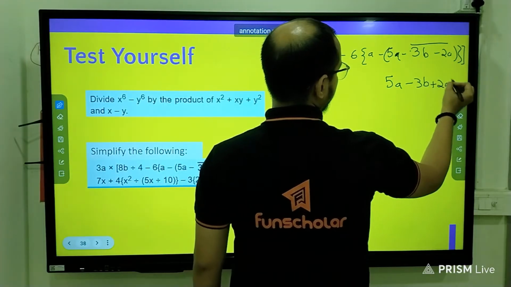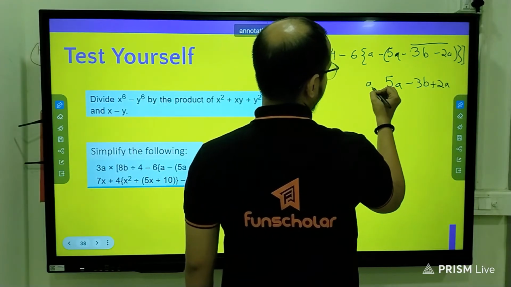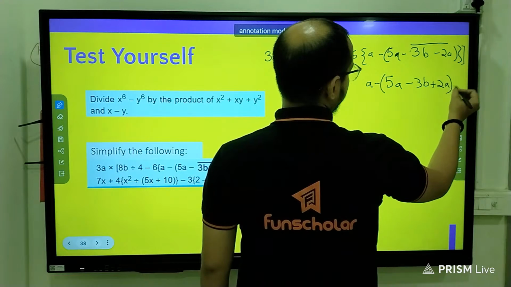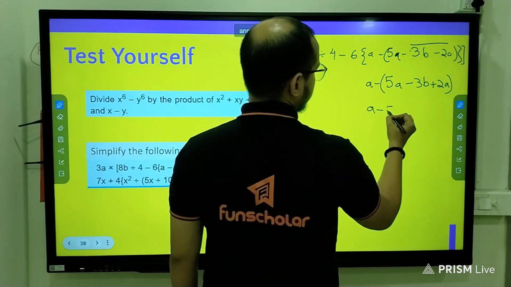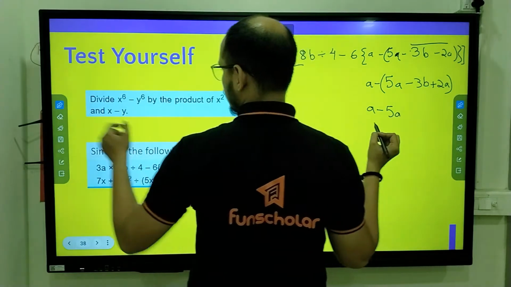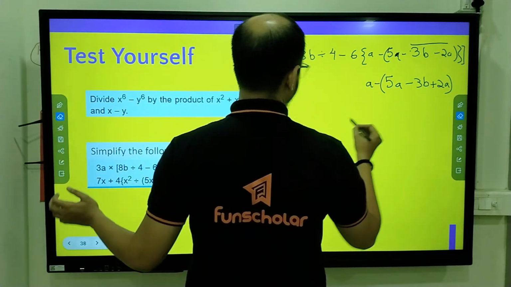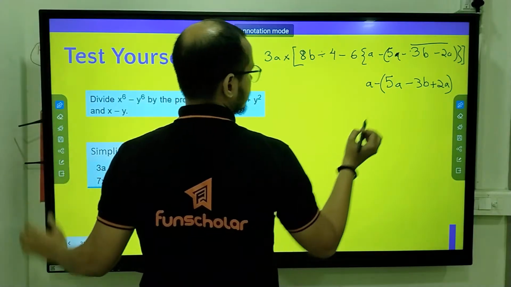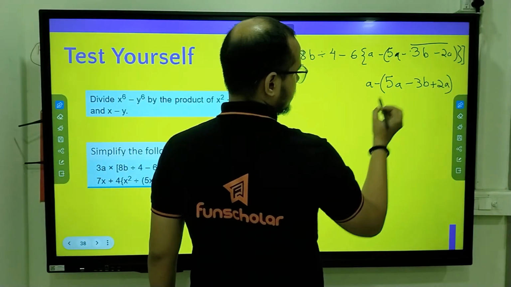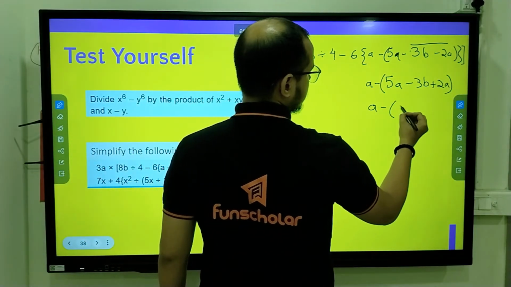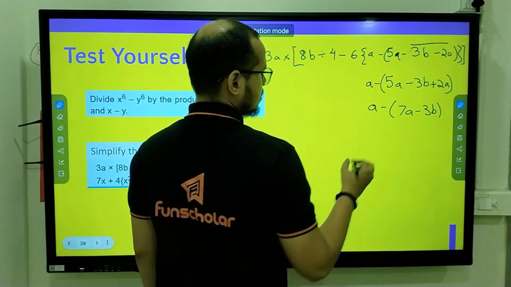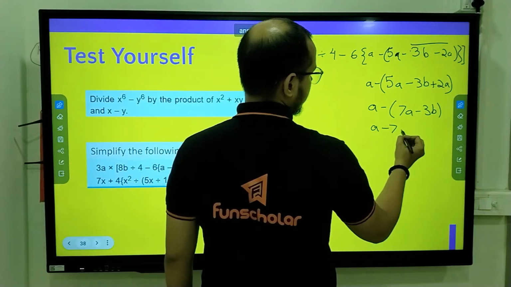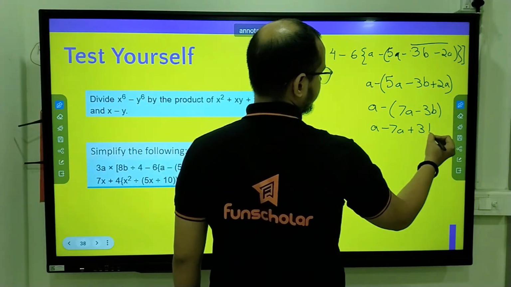Okay, first bracket gone, so a minus this is there. Okay, next step, we can calculate it. 5a plus 2a is 7a, so a minus 7a minus 3b. Okay, so a minus 7a plus 3b.